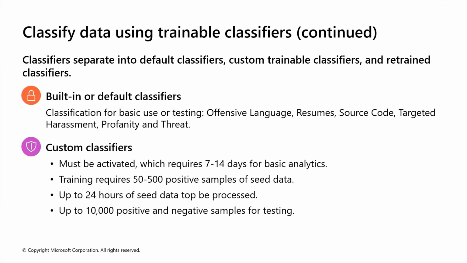As we started earlier, we talked about there are custom classifiers, and things to identify, the built-in or default classifiers. They could be from that long list that we mentioned of identifiable types of data, whether it be a social insurance number, social security number, national identity number, a driver's license, or credit card information.